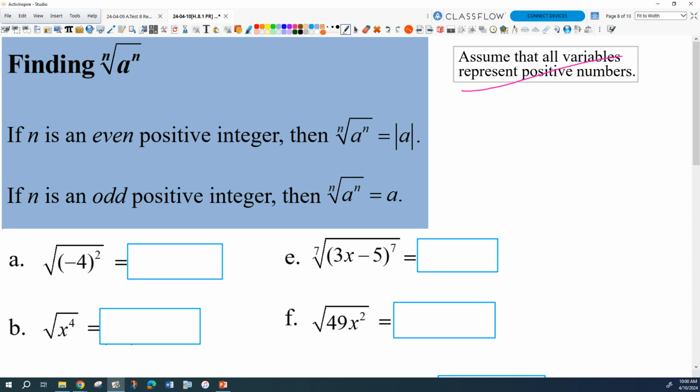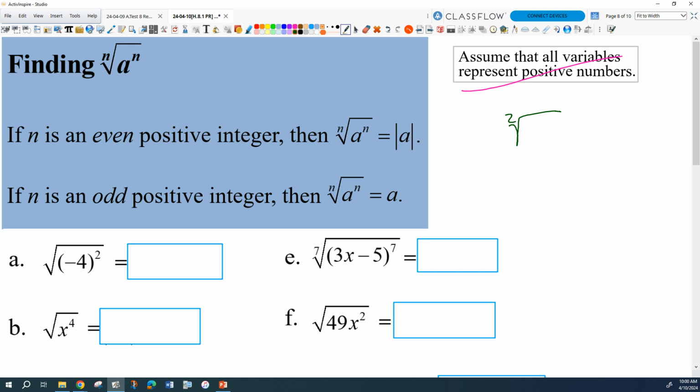Okay? So for example, here's the big one that we need to finish our previous example that I started when we were solving that equation. What if I want to take the square root? So there's an invisible 2 that sits on the radical, right?